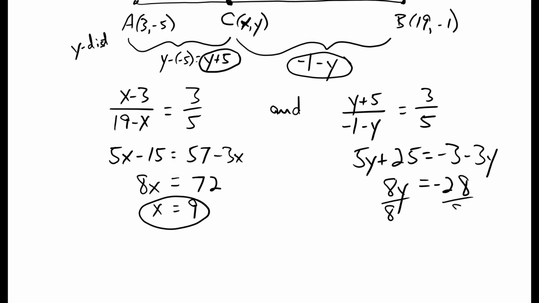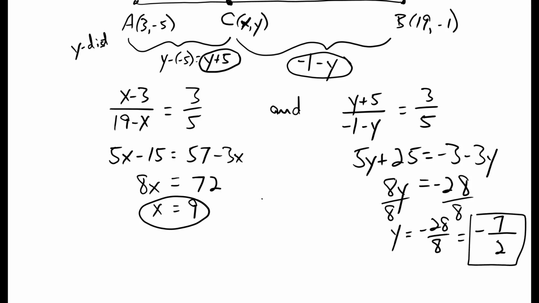And if I divide both sides by 8, then I get y equals -28 over 8, which will reduce to -7 over 2. So there's my y coordinate. So the coordinates of my point C are going to be (9, -7/2).